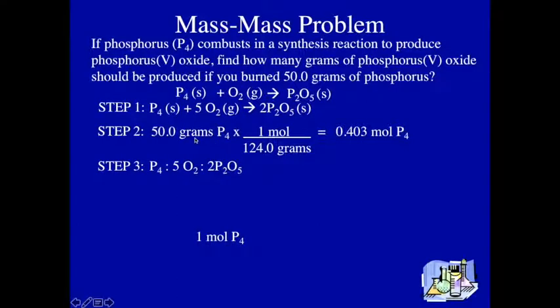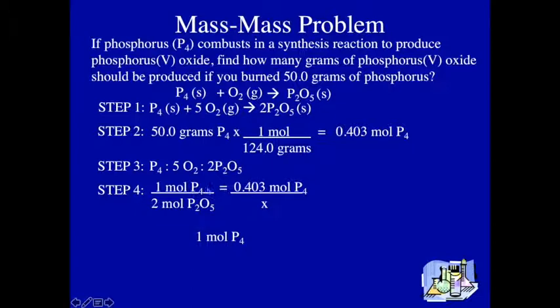My ratio is going to be 1 phosphorus to 5 oxygens to 2 diphosphorus pentoxides, or phosphorus 5 oxides. Now I have my mole ratio for cross multiplication: 1 mole of phosphorus to 2 moles of diphosphorus pentoxide, phosphorus 5 oxide. Why? Because that's what it's asking for.